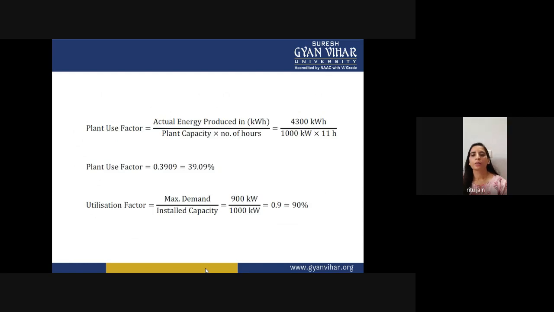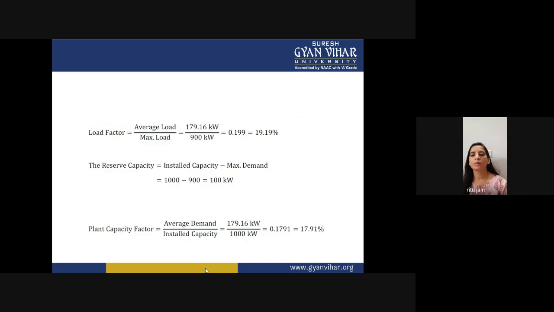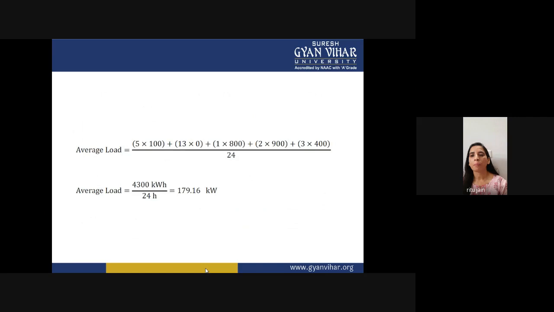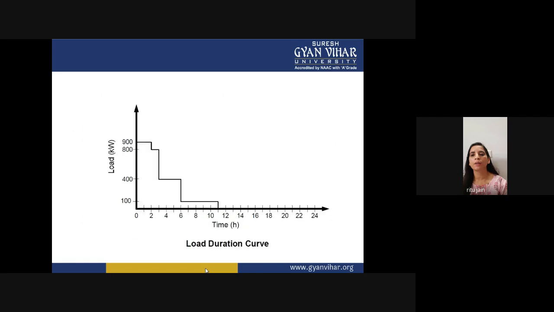Plant use factor. The formula for plant use factor is actual energy produced in kilowatt hour divided by plant capacity into number of hours. So you can calculate this from the fact that your average load is 4300 kilowatt hour.